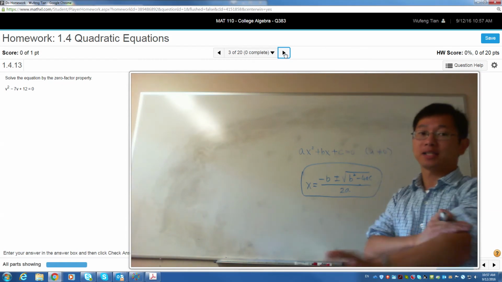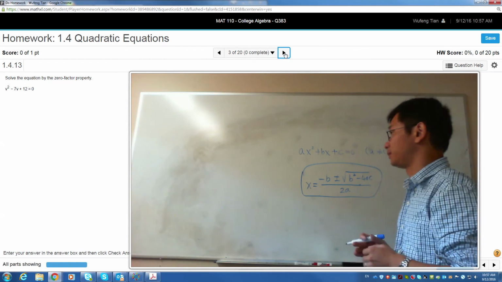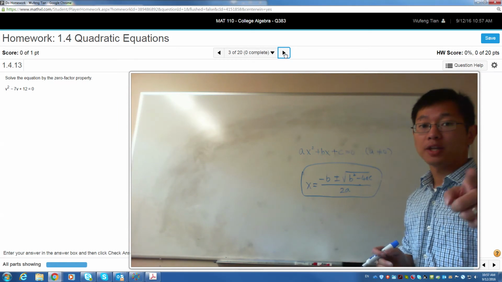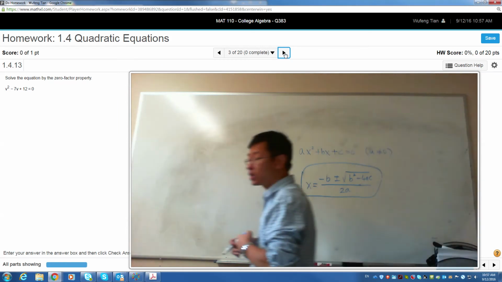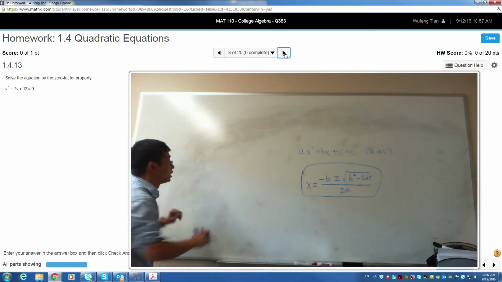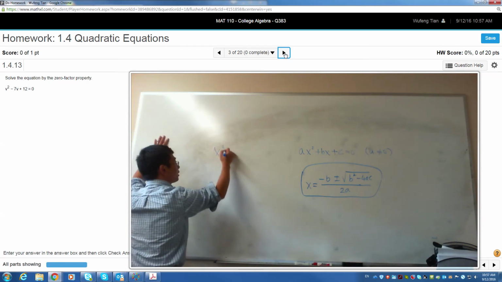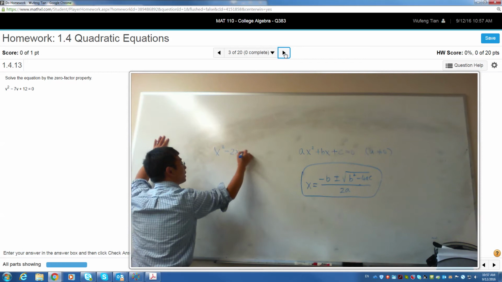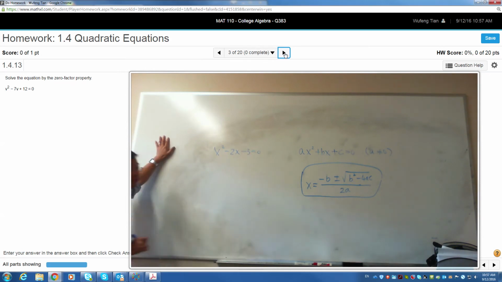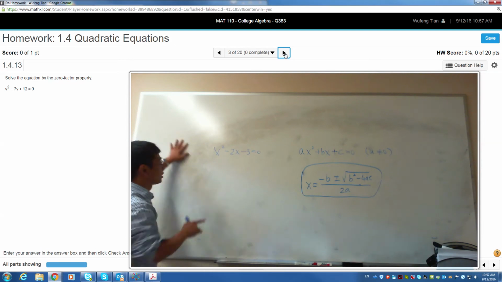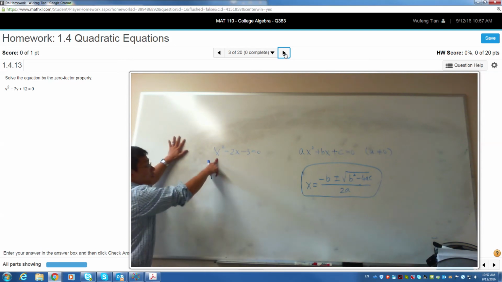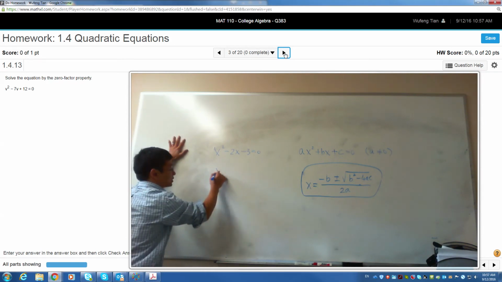v squared minus 7v plus 12 equals 0. It says solve the equation by zero factor property. I'll give you another example, not this one, okay? So you can do, for example, x squared minus 2x minus 3 equals 0. You can factor it. If you remember that factoring, you can factor by cross multiplying. Factor the first one as x times x.